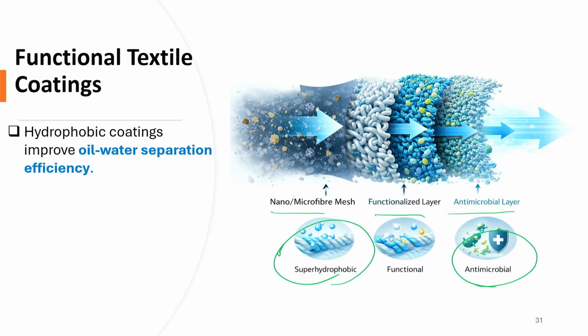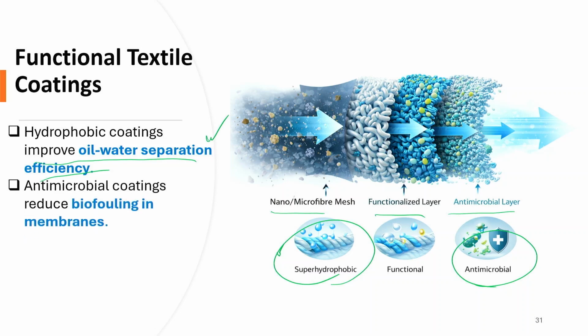So, hydrophobic coating improves oil water separation efficiency. We can remove the oil from water by hydrophobic coating. So, this is the super hydrophobic coating, and then the antimicrobial coating, which reduces the biofouling in the membrane.